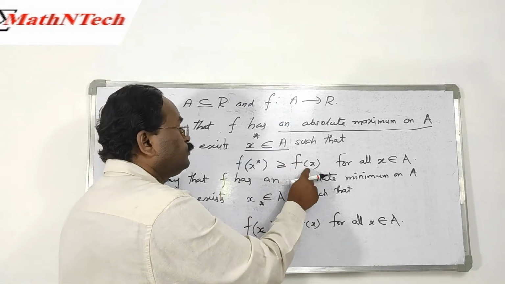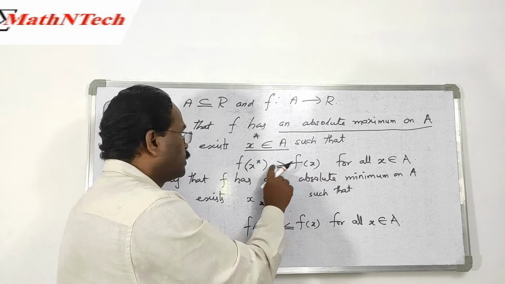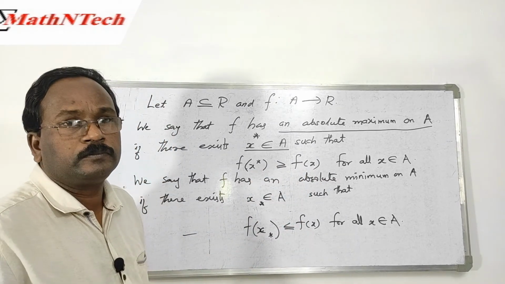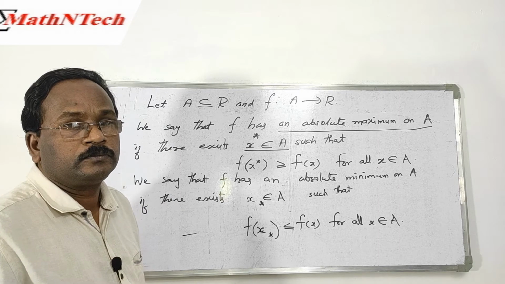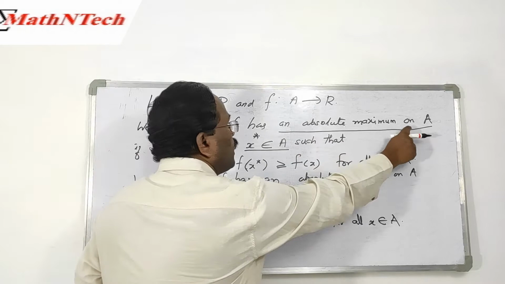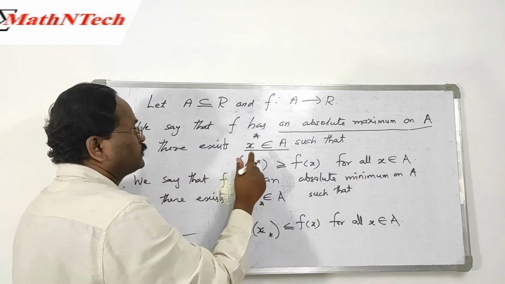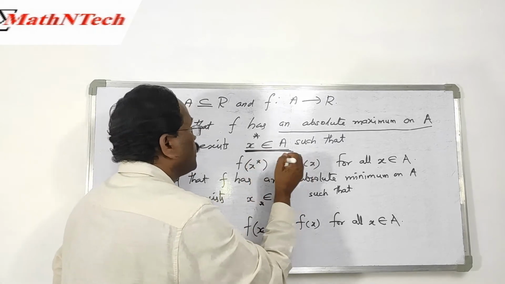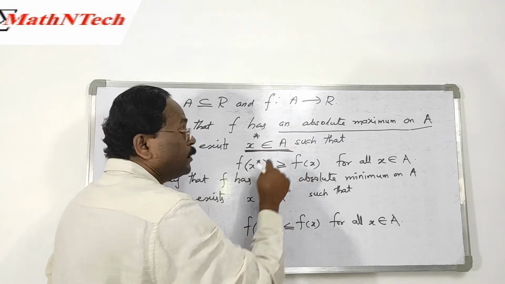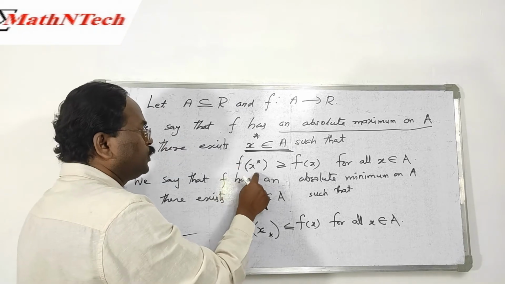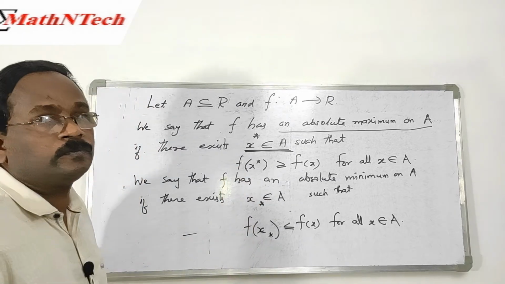All other values f of x are either equal to f of x star or less than f of x star. Note this condition carefully: x star element of A, so that f of x star is the maximum value.